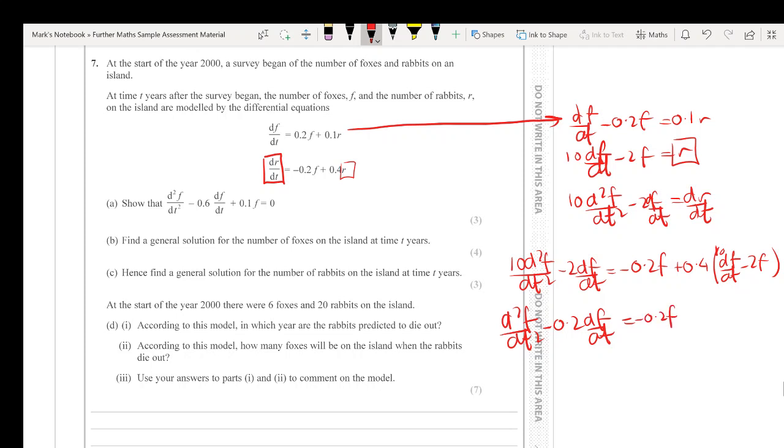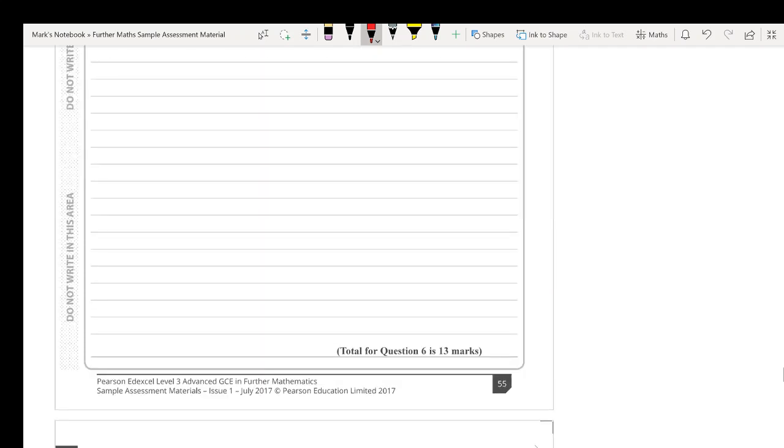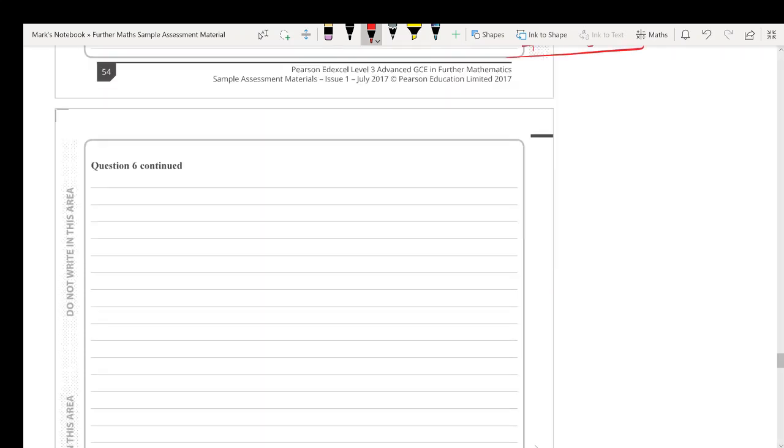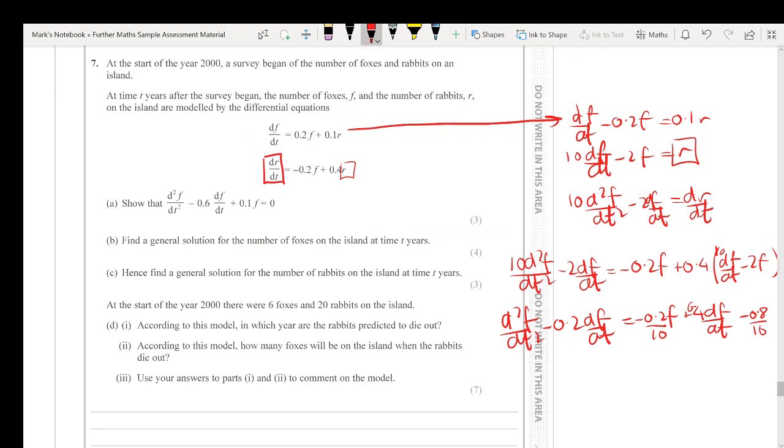Minus 0.2f, 10 times 0.4 is 4, but then we're dividing by 10, so we're actually going to get 0.2 over 10 plus 0.4 df dt, and 0.4 times minus 2 is minus 0.8 over 10 f, and there's an f at the end.